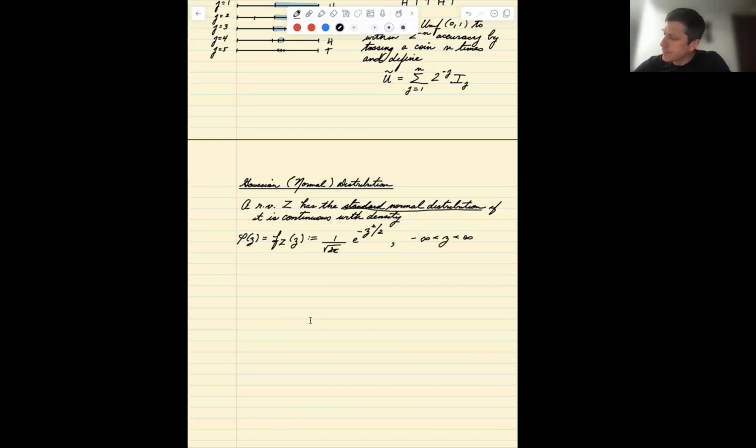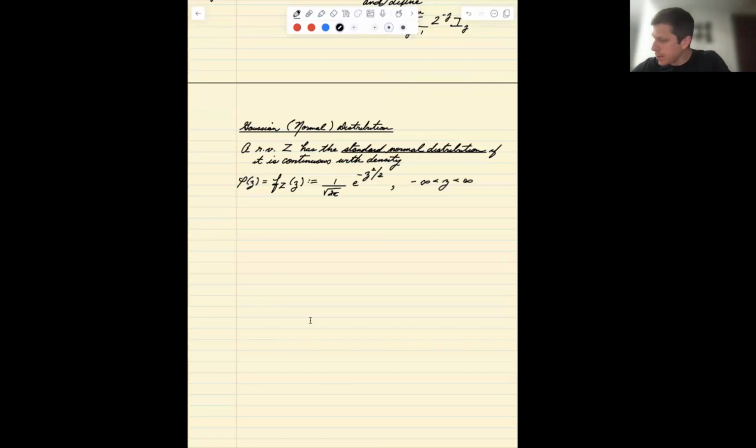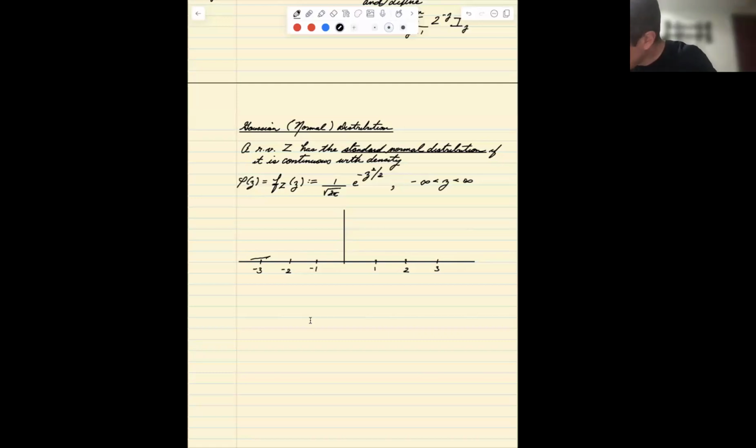Okay, so what does this look like? This is the bell curve. This is the famous bell curve. And the way it looks is pretty much like this. Let's see how many tries it takes me to get a good looking bell curve.